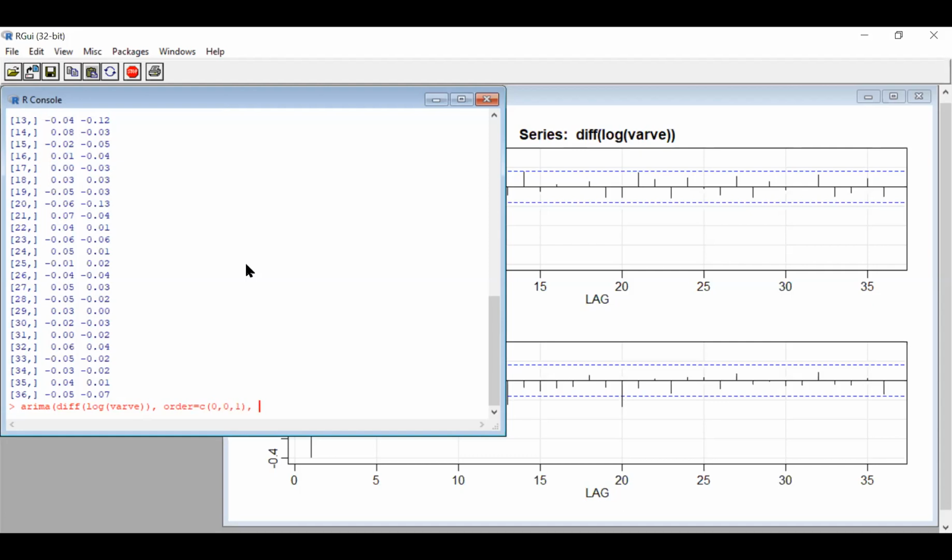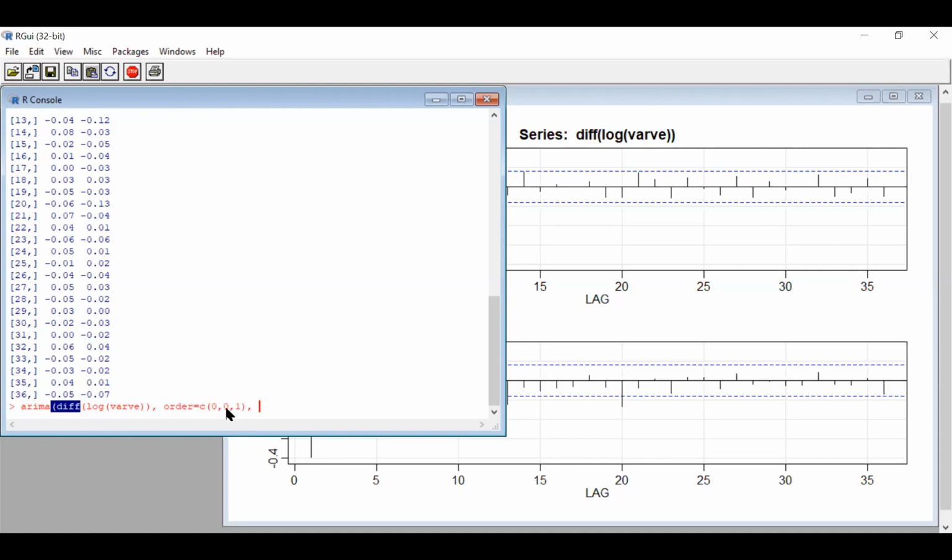The very first one, P, is how many parameters in the AR part, and the middle one is the difference, how many times we difference. But we already applied the difference function, so we have to say just 0, because we don't have to take the difference anymore.